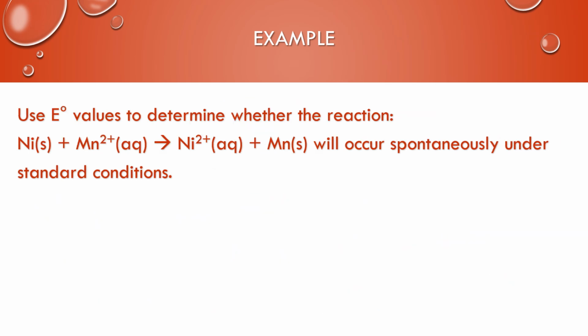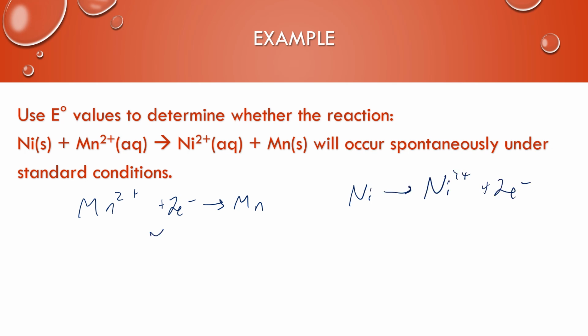Okay, so we need to use E values to determine whether this reaction will occur spontaneously as written. So I have my manganese ions. I'm just writing it as half reactions now. And the other half reaction is my nickel going to nickel 2+ plus 2 electrons. So this one is the reduction reaction. And if you use your table of values, the cell potential is negative 1.18.